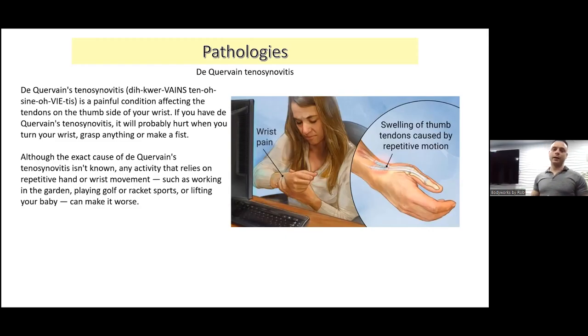So what do we do, right? Well, this is what we call an overuse injury. Anytime we have an overuse injury, especially inflammation, we just need to let it heal. Just let nature do what nature does and leave it alone.